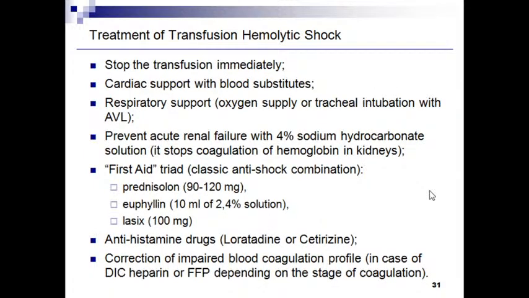And last aspect of this part of the lecture is the treatment of hemotransfusion shock. This is shock, acute circulatory disturbance, which happens as a result of post-transfusion hemolysis. What should we do with patients fallen into hemotransfusion shock? First, we must stop the transfusion immediately.